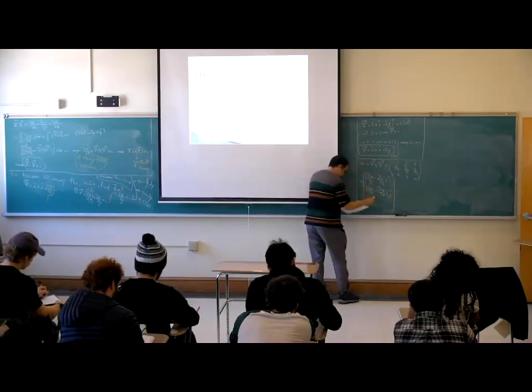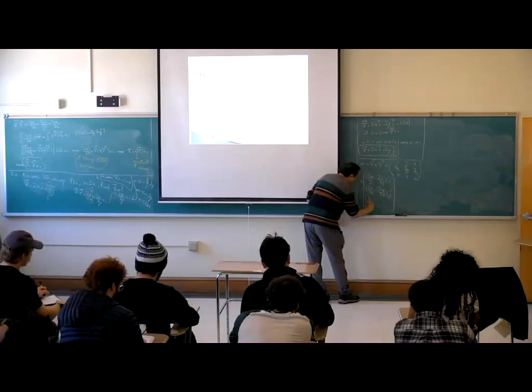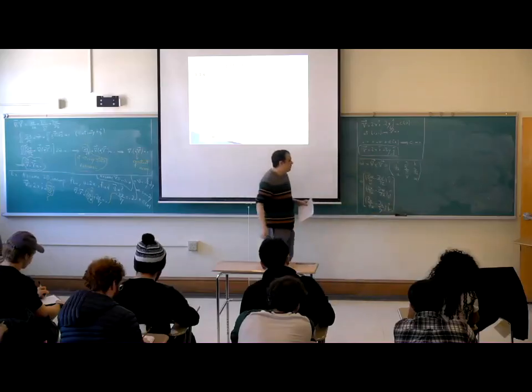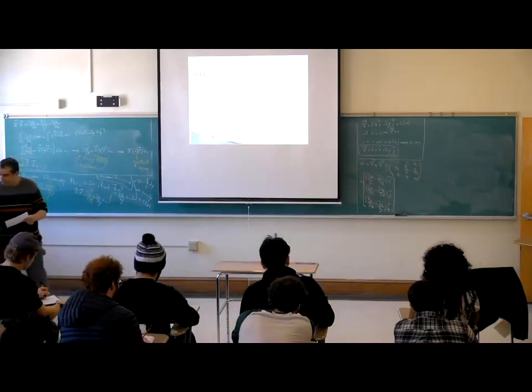Partial v partial x minus partial u partial y in the k direction. If the flow is 2D, only the last term remains.